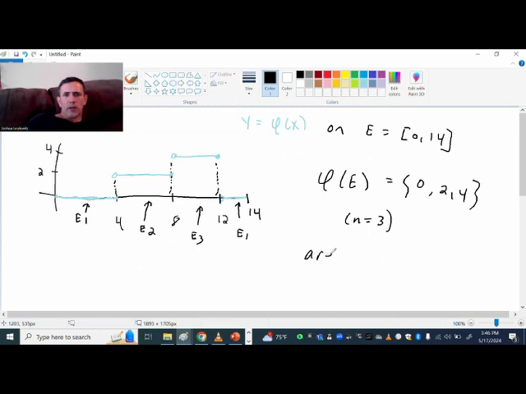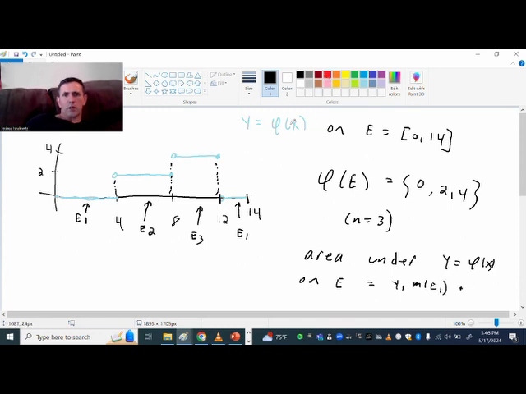So intuitively, the area under y equals phi of x is going to equal, and I'll explicitly write out what this is, y2 times the measure of E2.